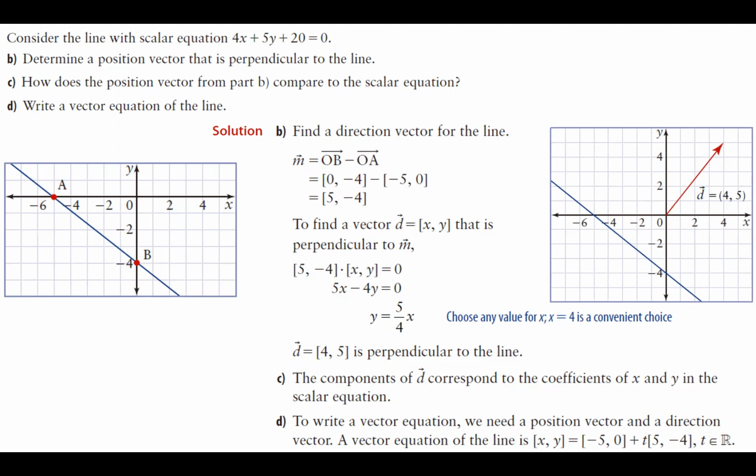Therefore, y equals 5/4 x. So we can choose any value for x. By observation, x equals 4 is a convenient choice, right? So a possible vector that is perpendicular to the direction vector m could be 4, 5. So d equals 4, 5 is perpendicular to the line.